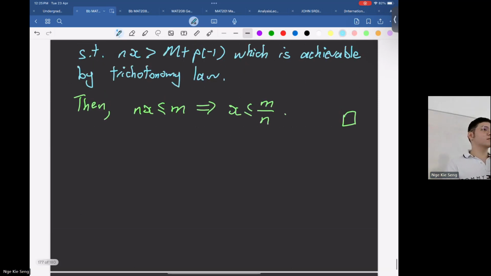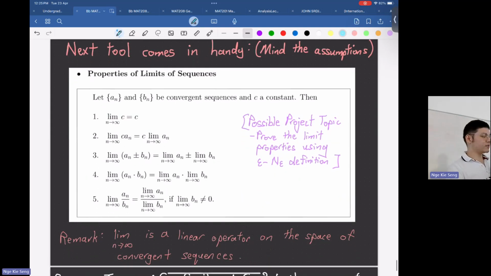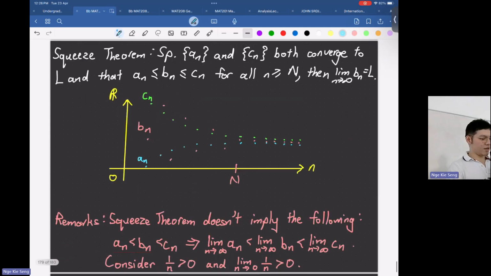No question? Okay. Before I recall the limit definitions, I want to remind you of something. Are these things familiar? We learned about this last term, right? The limit laws of sequences. And then we learned the squeeze theorem.